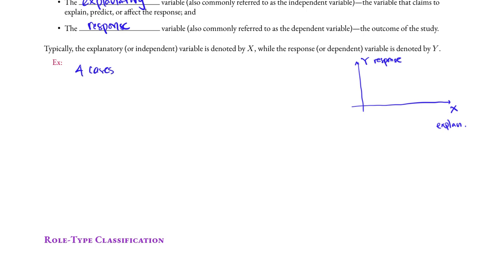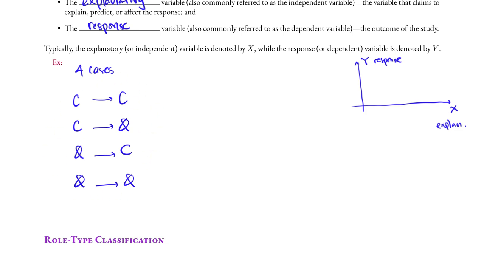We might look at the relationship between a categorical variable and a categorical variable, a categorical variable and a quantitative variable, a quantitative variable and a categorical variable, a quantitative variable and a quantitative variable. There are only 4 cases here.